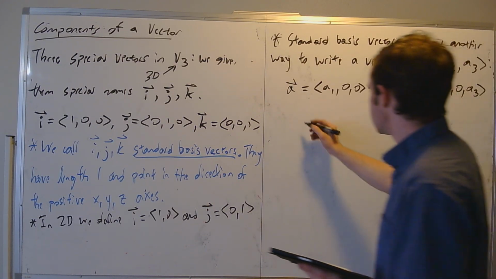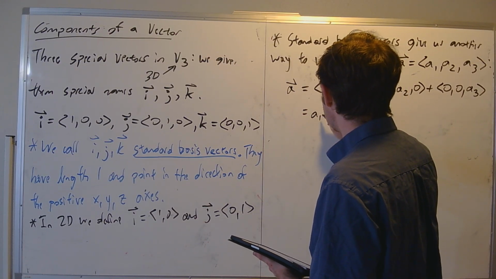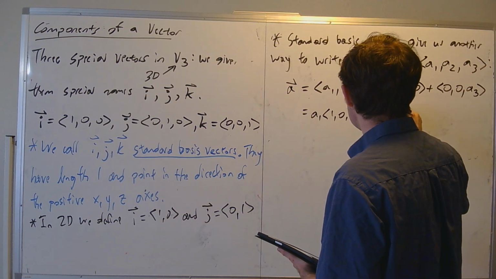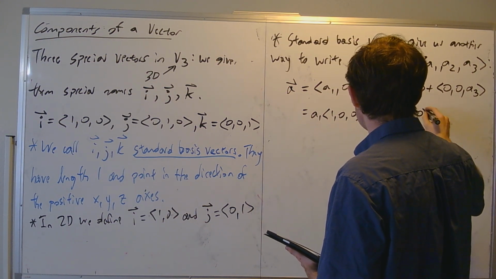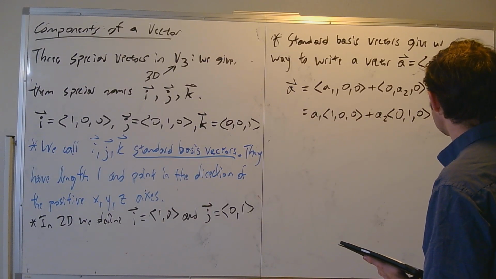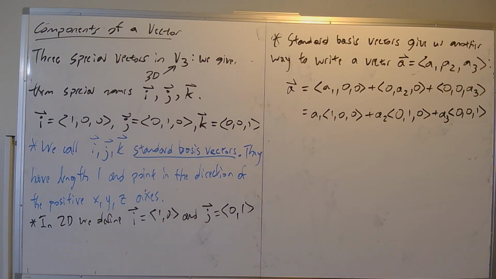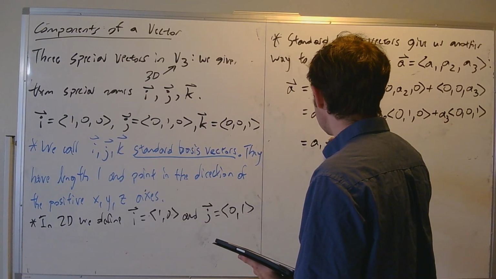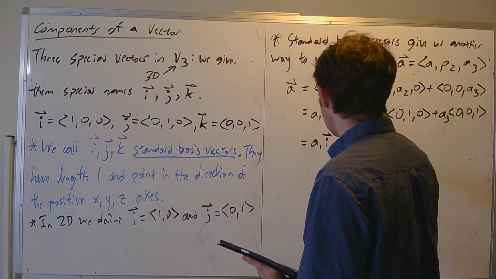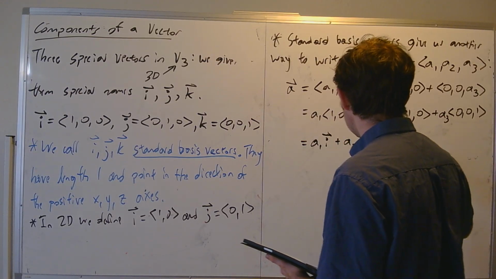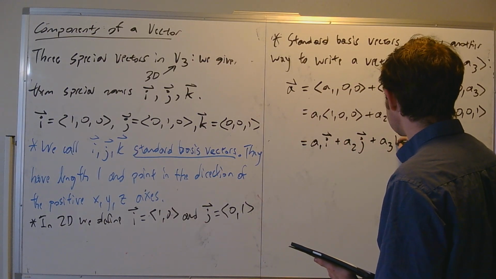But now we can write this as A1 times 1, 0, 0, plus A2 times 0, 1, 0, plus A3 times 0, 0, 1. But remember, we actually had special names for these vectors, so I'll rewrite this as A1 times i hat plus A2 times j hat plus A3 times k hat.